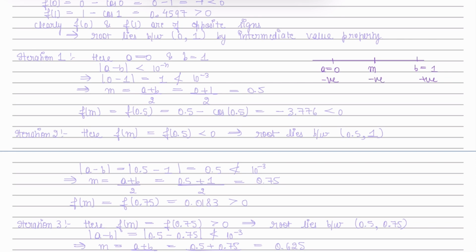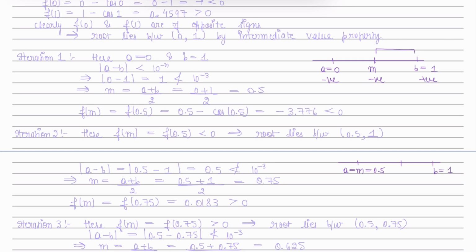Now by the intermediate value property, the root will now lie between this interval. So in iteration number 2, we have updated our interval as a is equal to m, which is 0.5, and b remains the same.